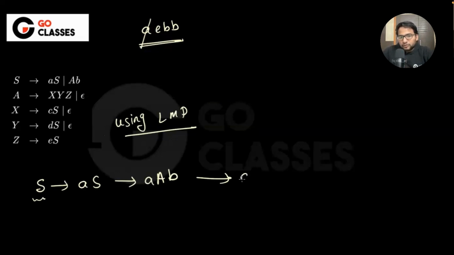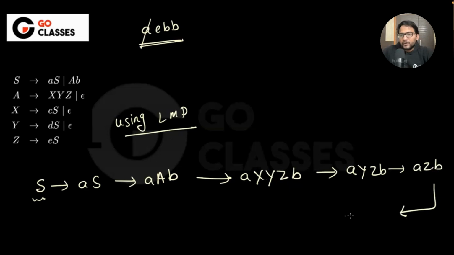So this is XYZ, then B. Since you are doing the leftmost derivation, what will be the next thing? Then you want E, right? So this is YZ. Then you want E, that's why YZB. That's why this is AZB. And then this will be AESB. And then it will be AESB.